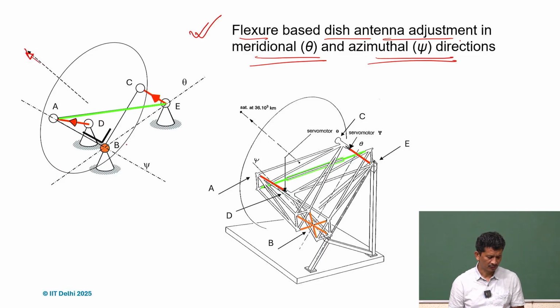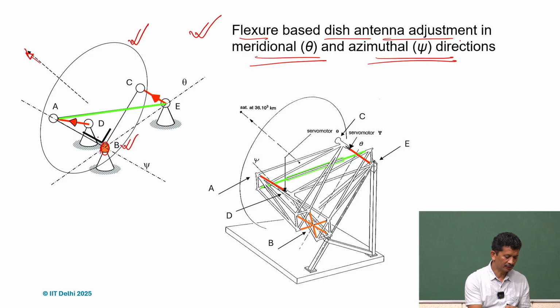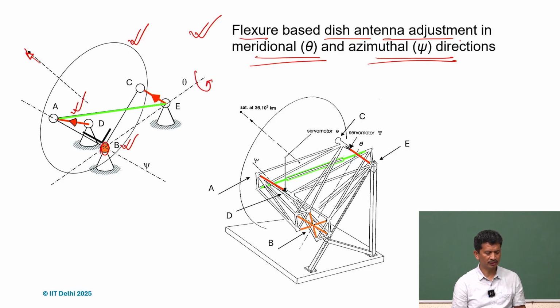How can it be achieved? Again, we have this antenna, and we can think of a spherical joint here at B. From B, if we simply put our actuator here and push it, we can get this theta rotation, and in the other direction, we can get this psi.